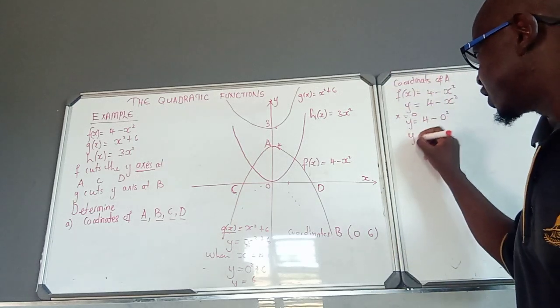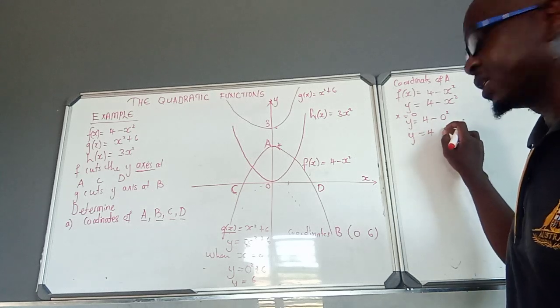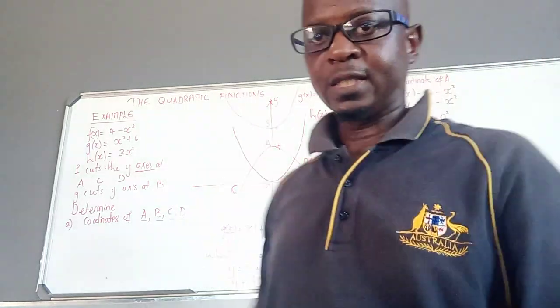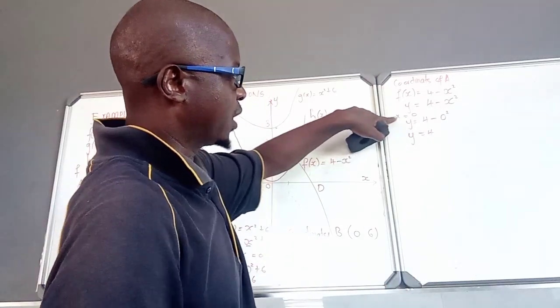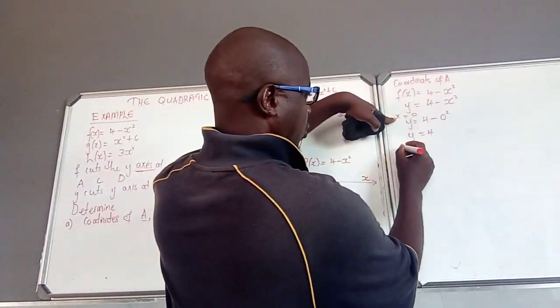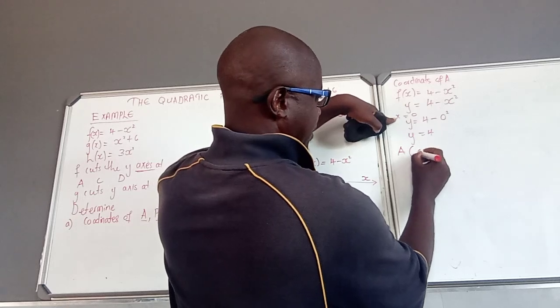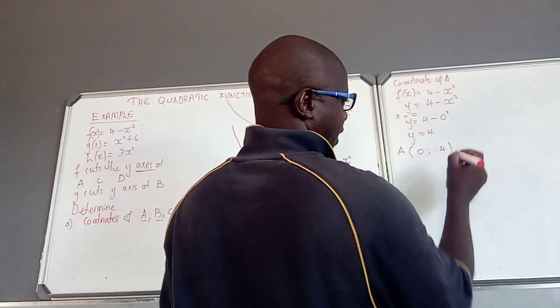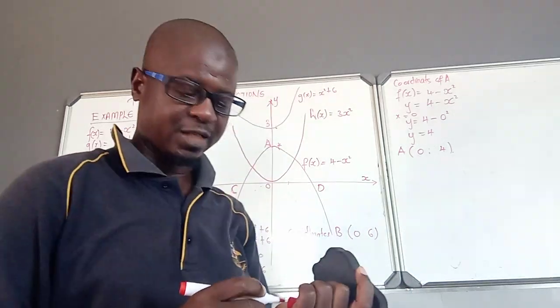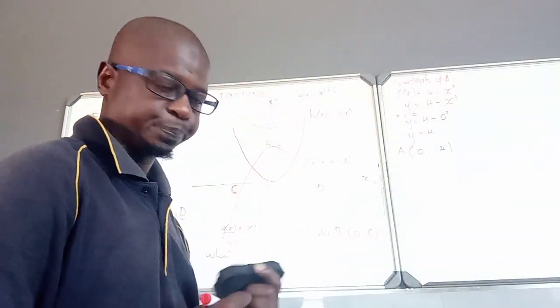So y is equal to 4 minus 0, which is 4. So in other words, when x is equal to 0, the coordinates are 0 for x and 4 for y. That is the coordinates of point A.